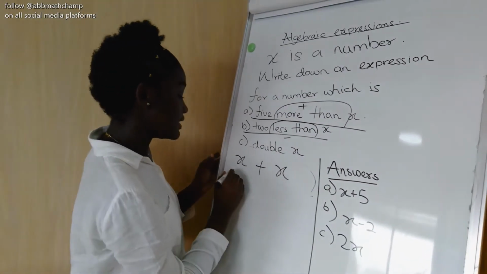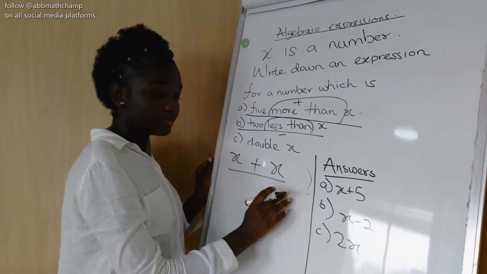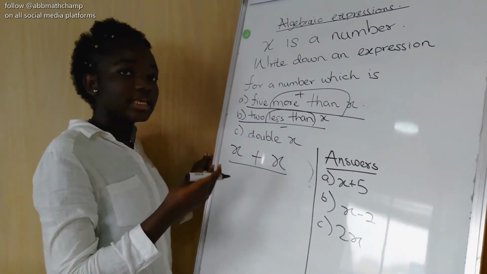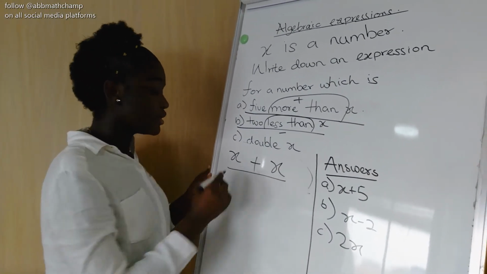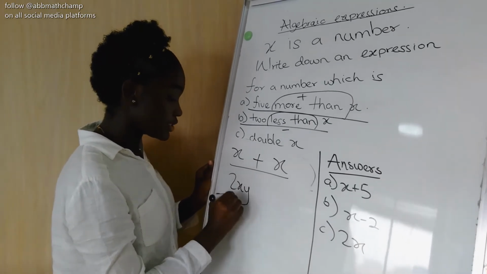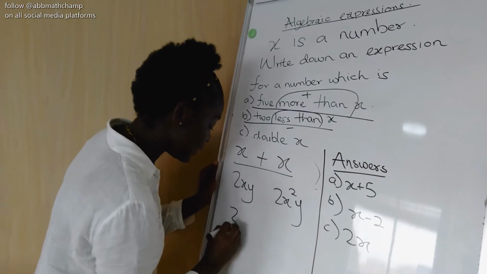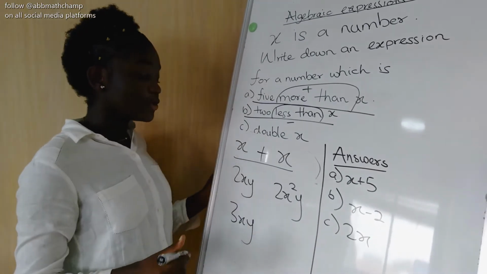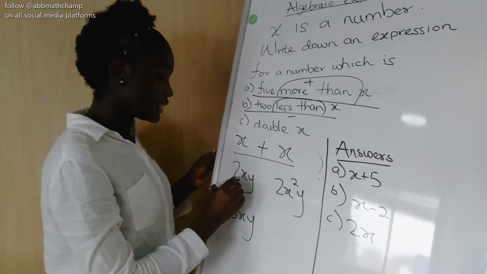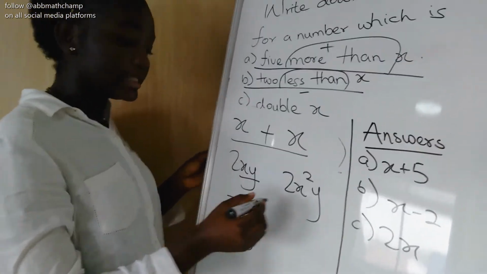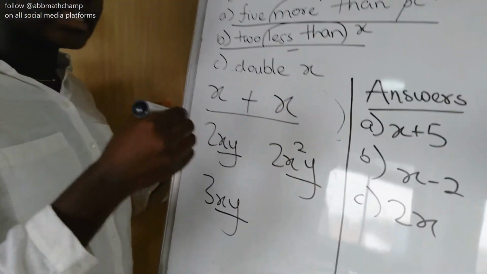But I want to explain something here about adding them. When you're adding, you have to check if they are like terms or non-like terms. So let's say this 2xy, 2x squared y, and 3xy. So to know if they are like terms or not, you check their variables, which I've already explained, and then you check their exponents.